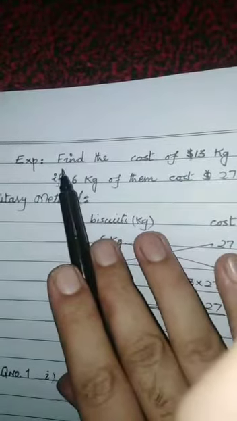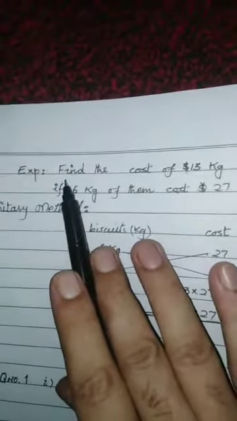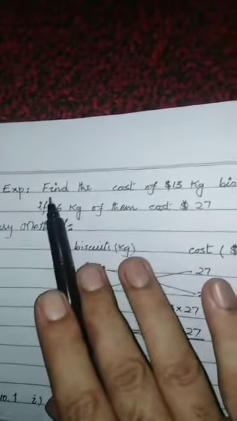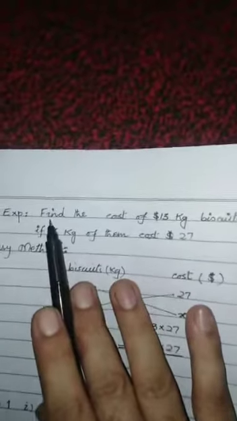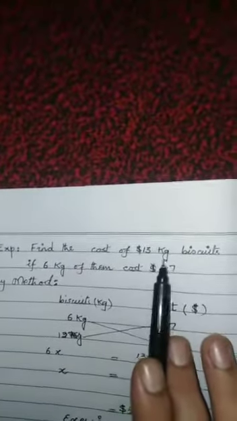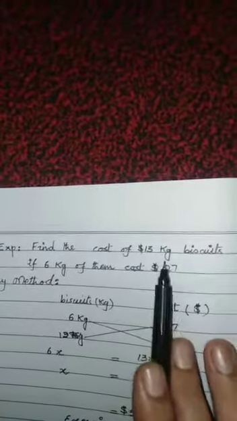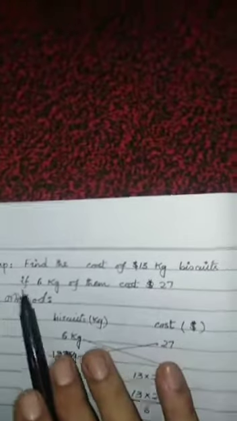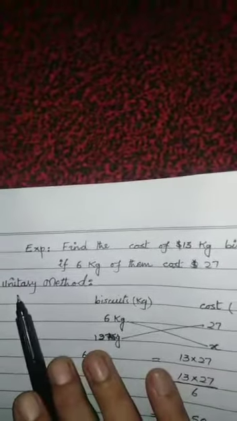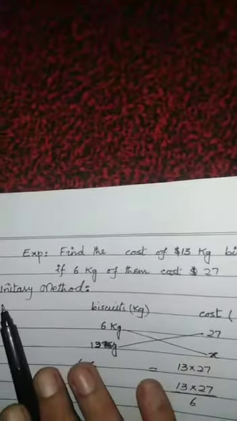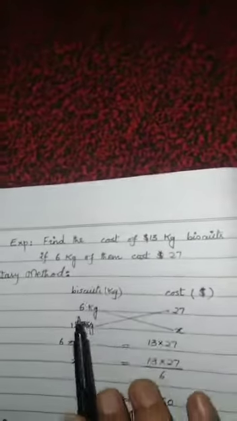To completely understand the direct proportion, we will see one example. Find the cost of 13 kg biscuits if 6 kg of them cost 27. We will solve this example with the help of a unitary method. We will make two columns.